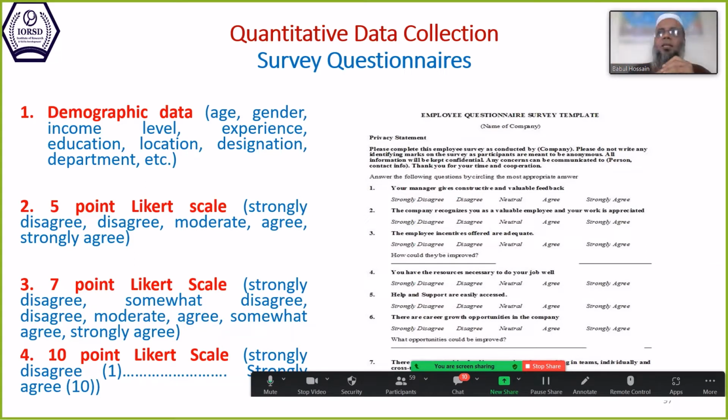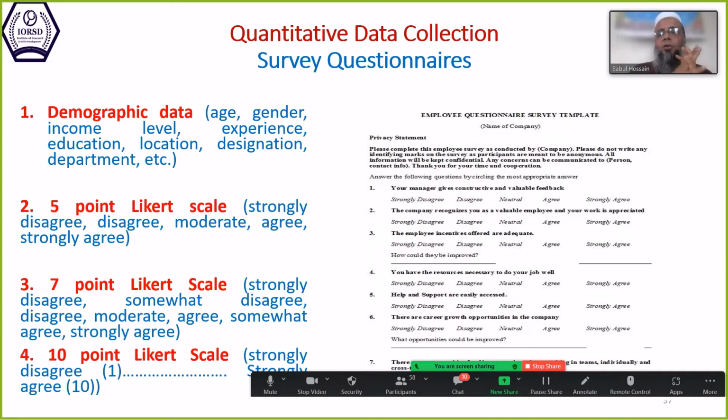Suppose one respondent is 90% agree. If you are using a 5-point Likert scale, then there is no chance to choose the 90%. Here there is strongly disagree, moderate, agree, and strongly agree. The 90% option is not there.